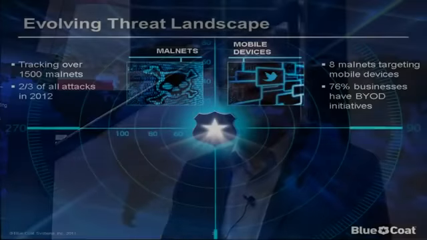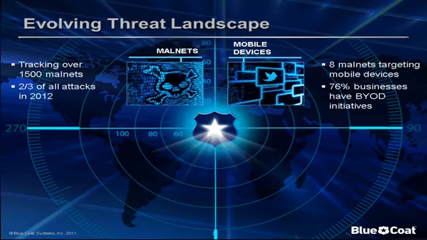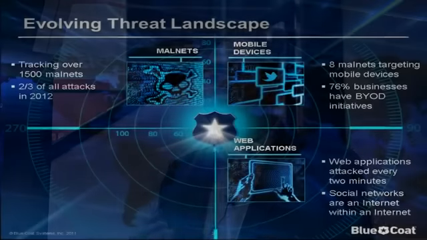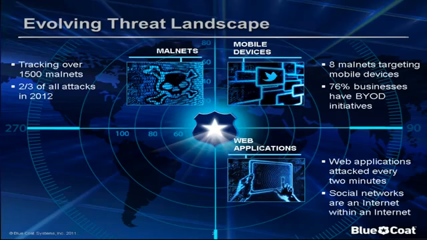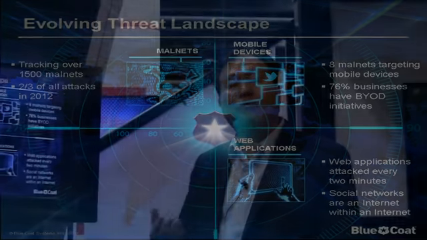And you'll notice that 2/3 of all attacks in 2012 originated from these malnets. And when you talk about mobile devices, we identify 8 malnets targeting specifically mobile devices. So these are our sources of malware targeting mobile applications and mobile devices. And when you look at web applications, you'll be surprised to know that every 2 minutes there is some sort of attack happening on a web application.